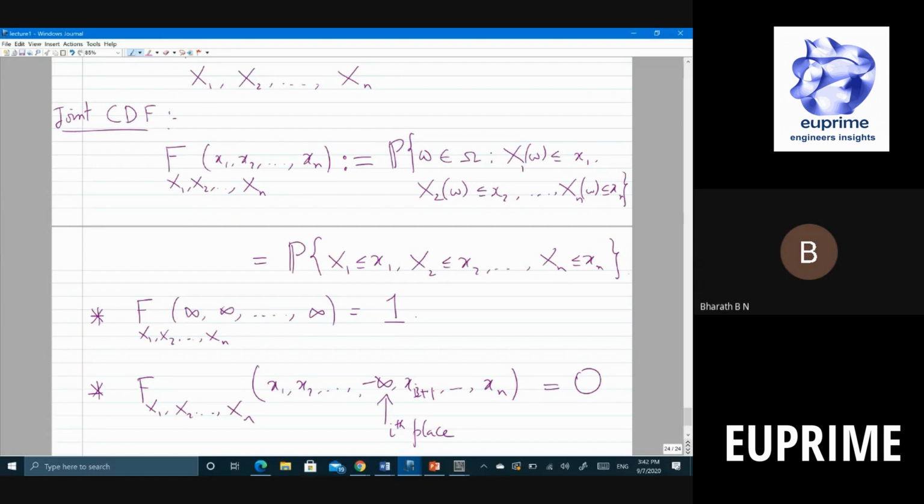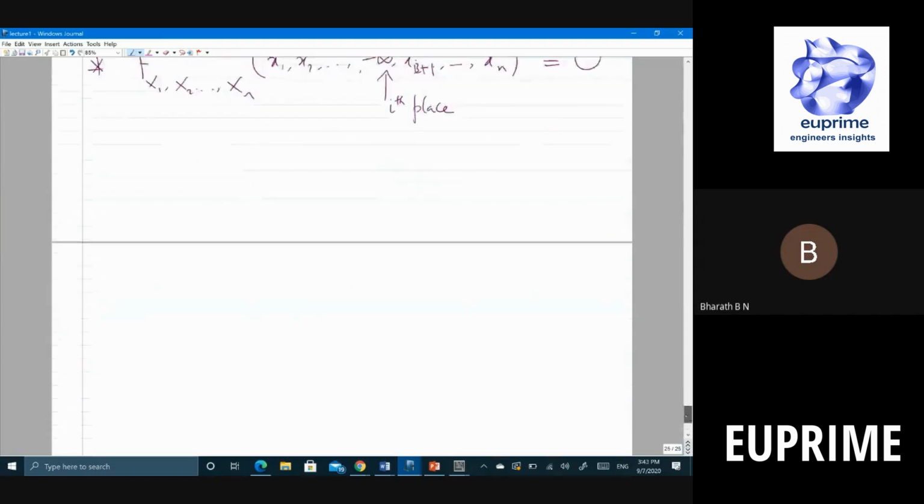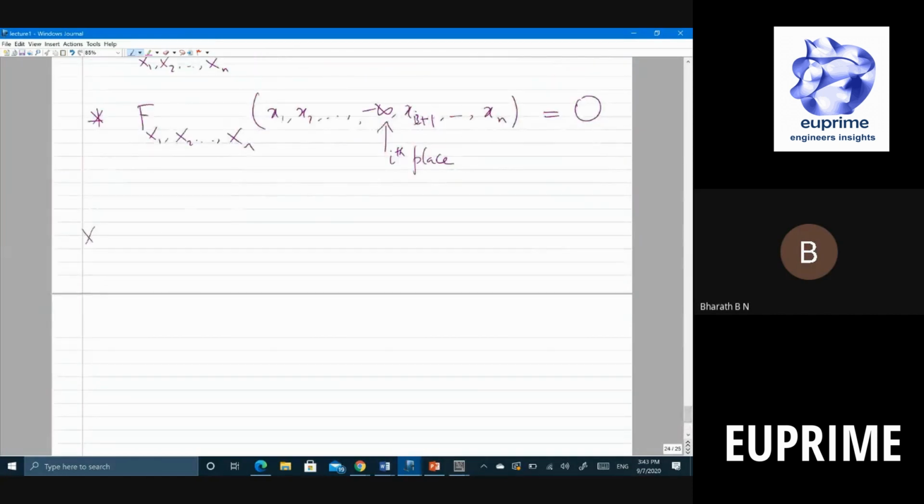Because you are asking what is the outcome that gets mapped to a number smaller than minus infinity for the ith experiment. That is anyway the null set. Whenever you intersect any set with a null set, you get a null set, so the probability of the null set is 0. Okay. So let me look at the third property, which is sort of interesting. Again, I'll look at this.